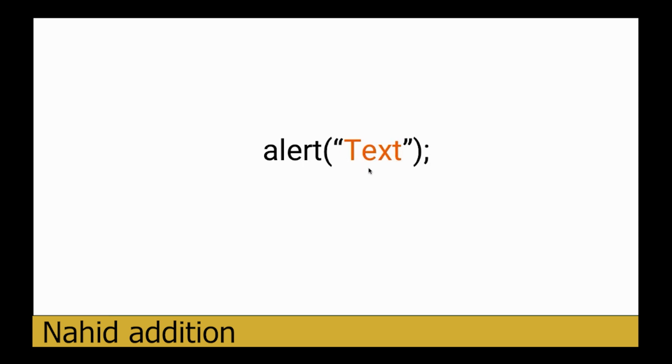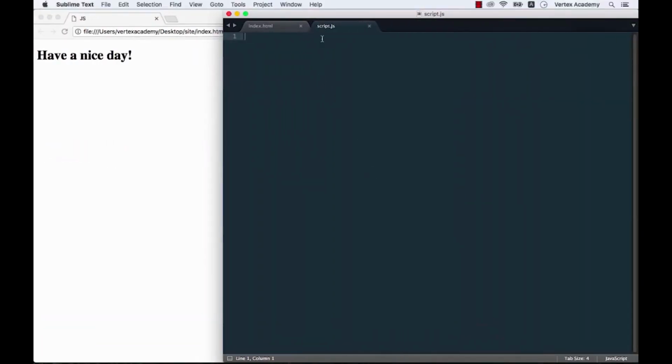Let's see how this command works in practice. In the script.js file, we have to write alert, then parentheses and semicolon at the end. Inside of the parentheses, we will write a text that we want to be displayed in a pop-up window. I will write "Hello World," but you can type any text you wish.